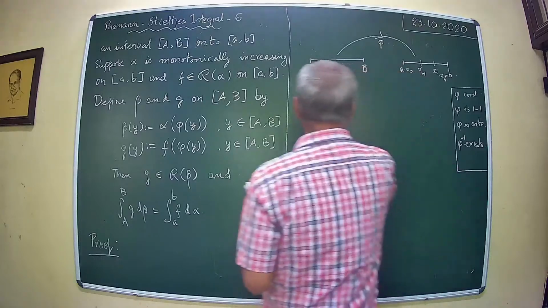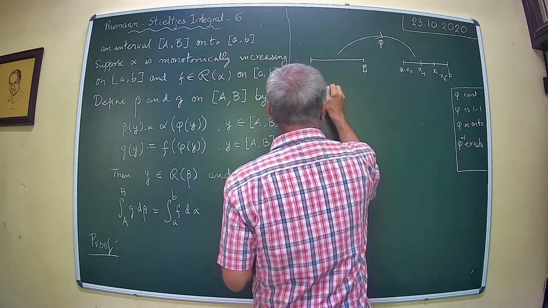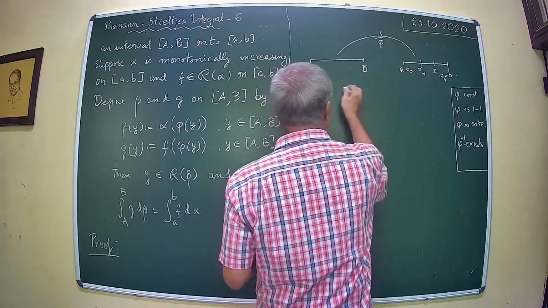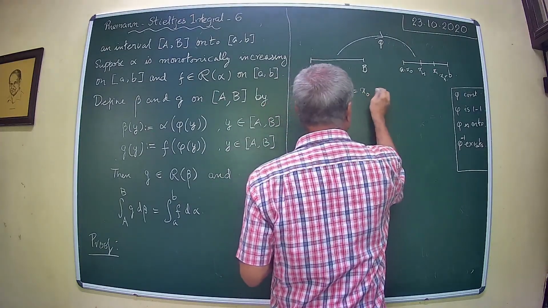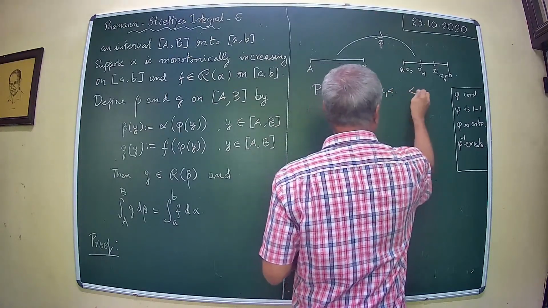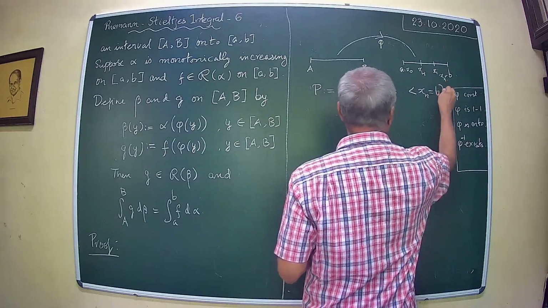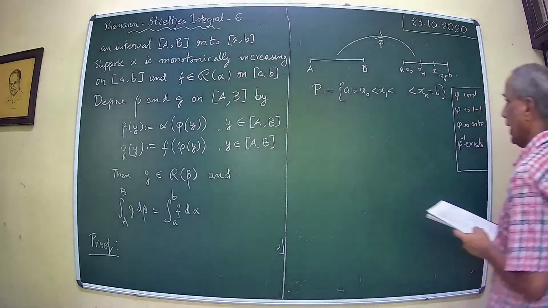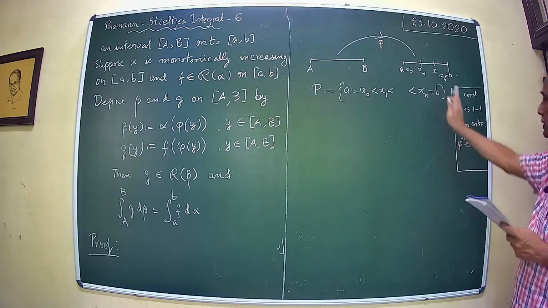So you have a partition P of ab, a equal to x0, x1, x2, etc., xn, b.